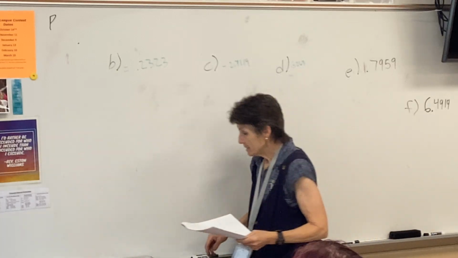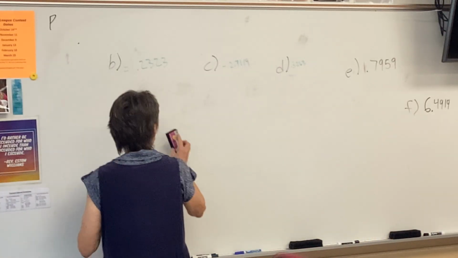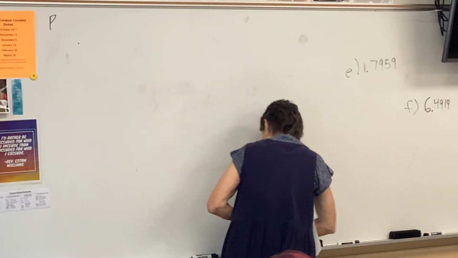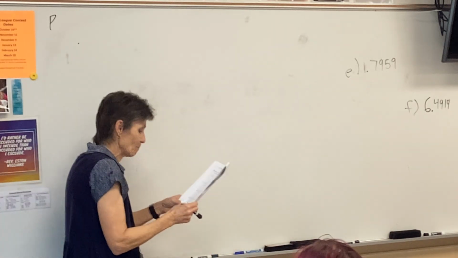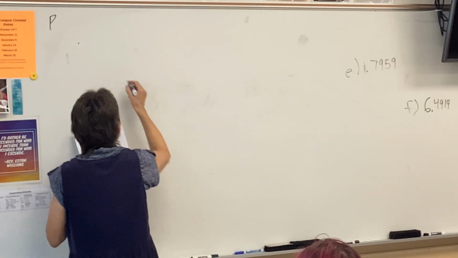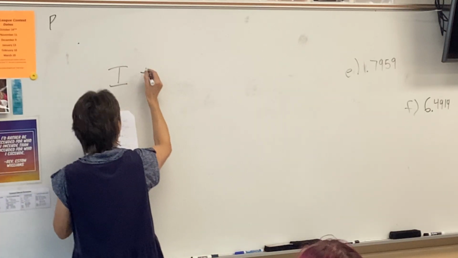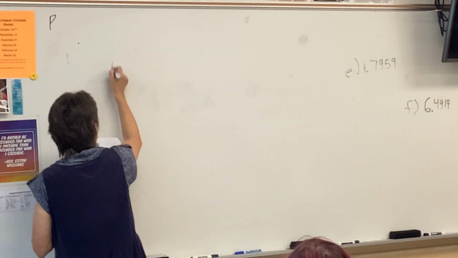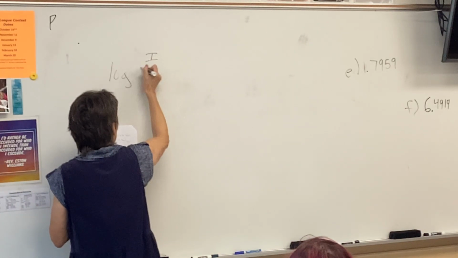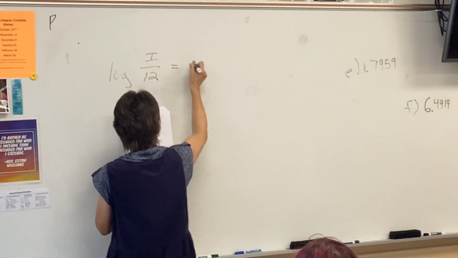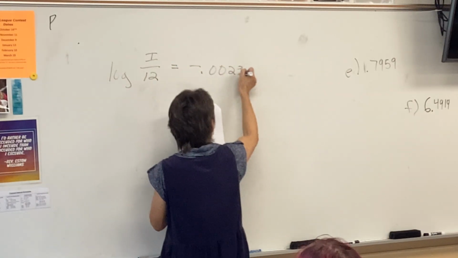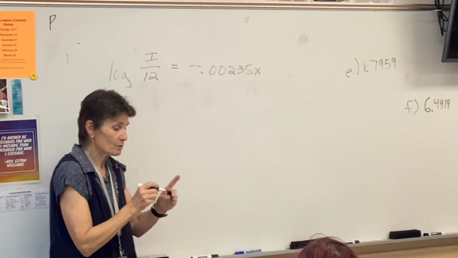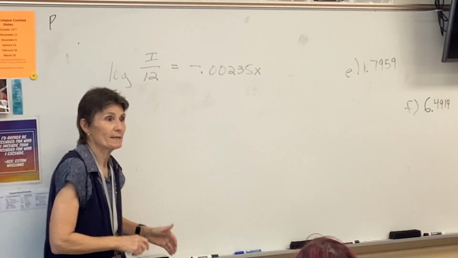All right, now, part 4 here, these are a couple of word problems. And I'm going to abbreviate this a little bit. We have a formula given in the problem. The formula looks like this. Now, the good news is you do not have to create this formula.